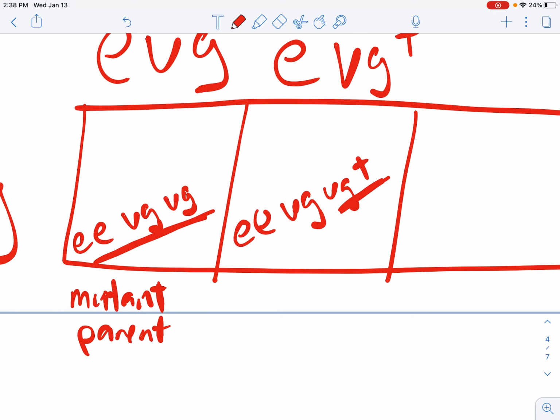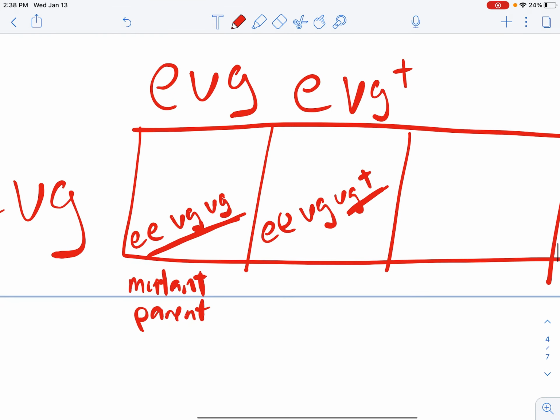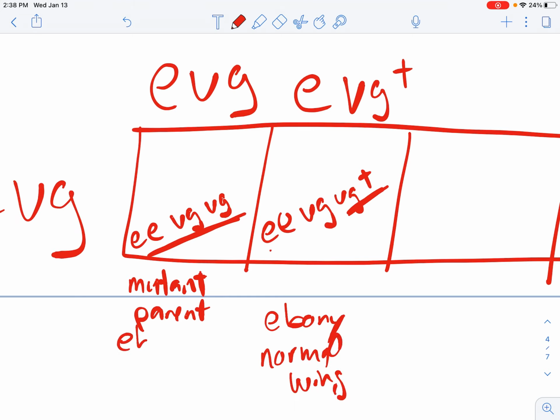So this has a dominant allele, so this would be ebony color and normal wings. And this was ebony and vestigial wings.